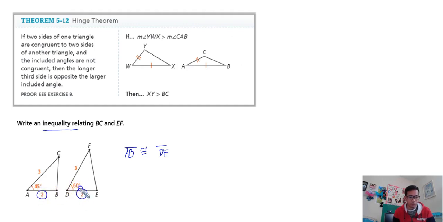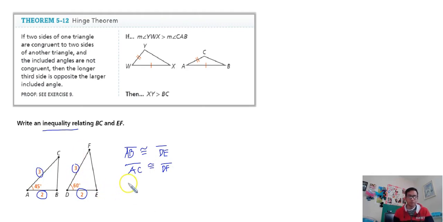They are congruent. And segment AC is also congruent to segment DF, because it's given, it's 3.